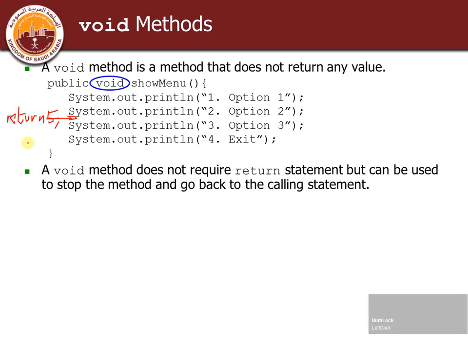Okay, first of all, this return 5 is not acceptable, because we said I'm returning nothing, and I'm saying, oh, I'm returning 5. This is an int. So now it's going to tell me, well, you have a problem. You said you're returning nothing and then you return something.